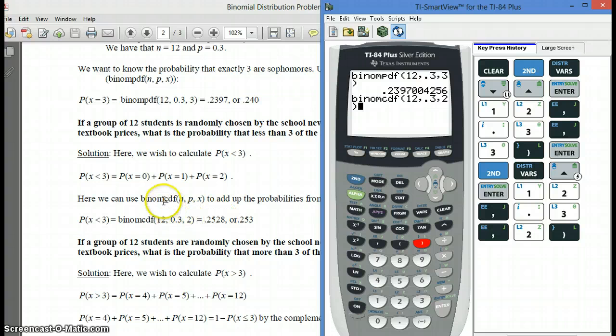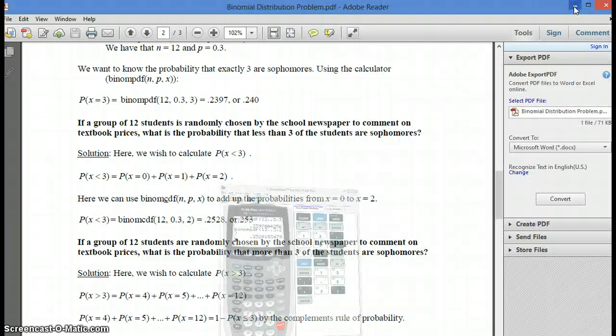So CDF means cumulative. It's going to add up those probabilities. So when I hit enter, I get 0.2528. To 3 decimal places, that would be 0.253. So just in case we are working with 3 decimal places, that's sometimes the customary thing with binomial.